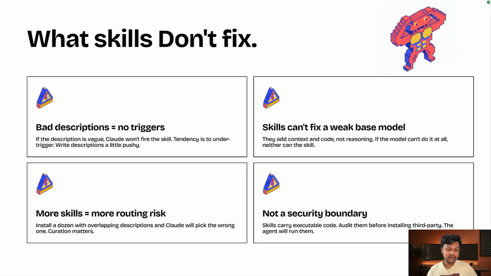And if you have multiple skills with the same name, or multiple skills that may perform the same task, it becomes confusing for Claude Code, because like I said, it tries to match your trigger with your prompt to see if they match. And if you have the same type of skills, it may load the wrong skill. So try to make sure that your skills don't have any overlapping triggers.